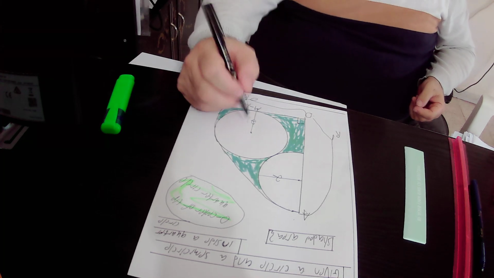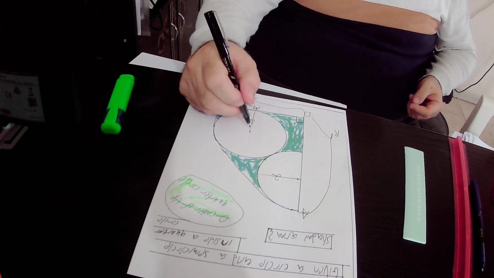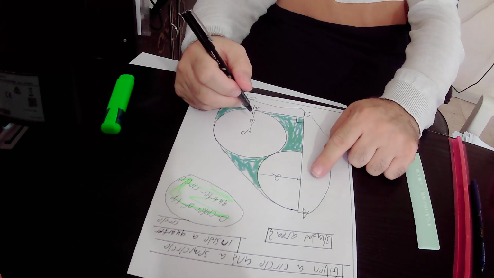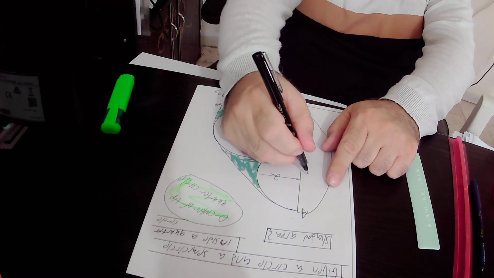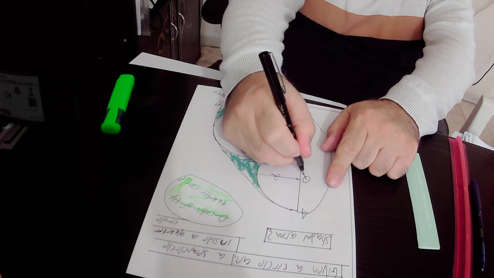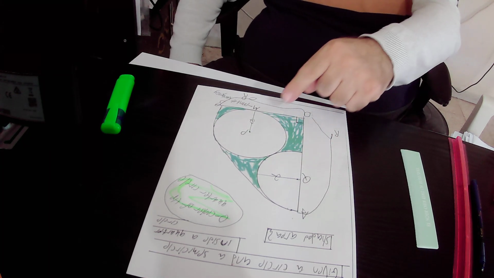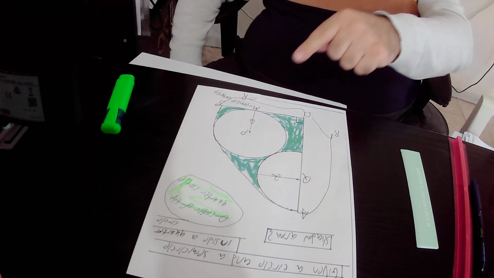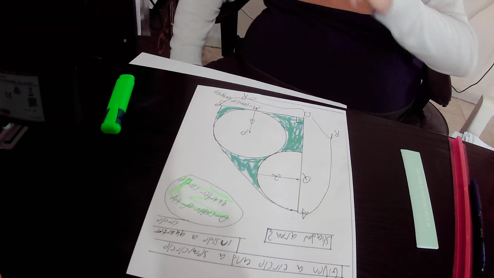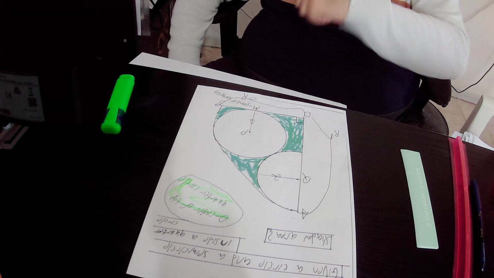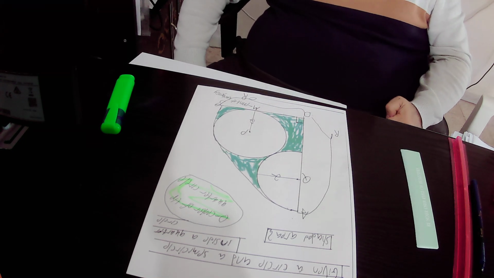We will define the center of this circle as point P, and we will define the center of the semicircle as point Q. Okay? Here, point P is the center of the circle. Point M is the point of tangency on the circle itself. Therefore, PM is the radius of the circle that is equal to 2 units.